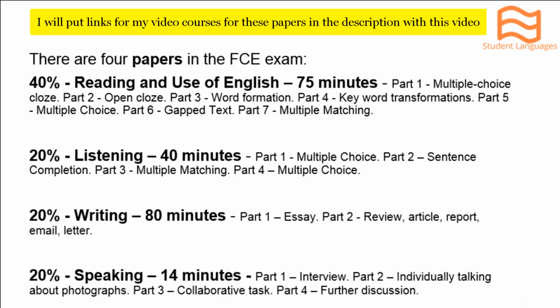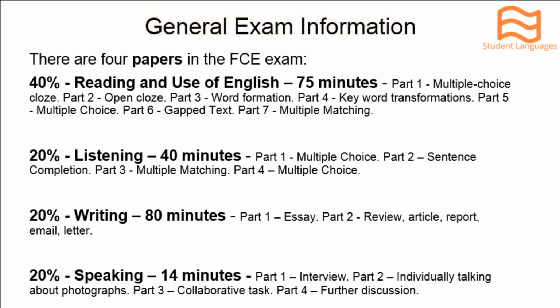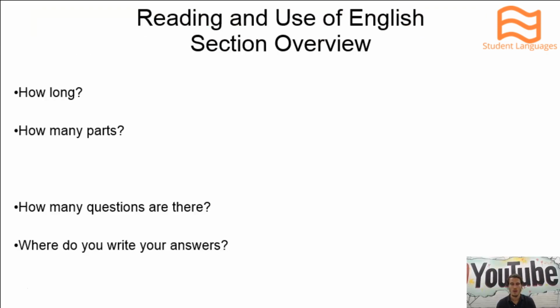You might want to pause this video to have a look in more detail at these papers, but we are going to continue looking at the reading paper. So the reading and use of English paper in total lasts 75 minutes, and there are 7 parts.